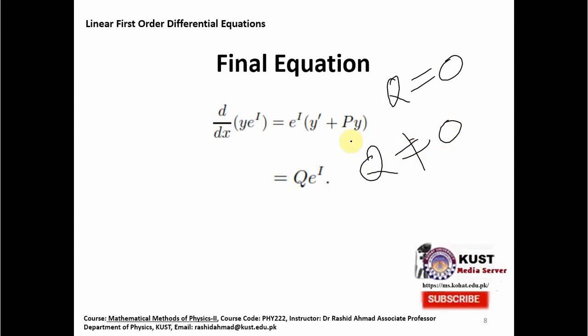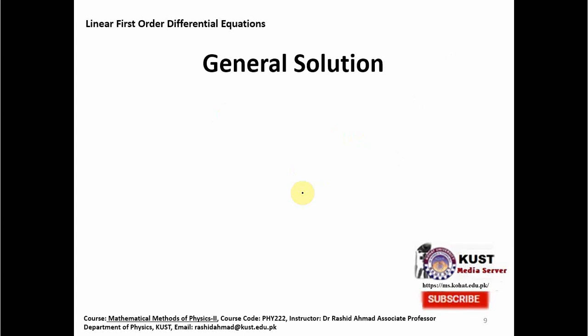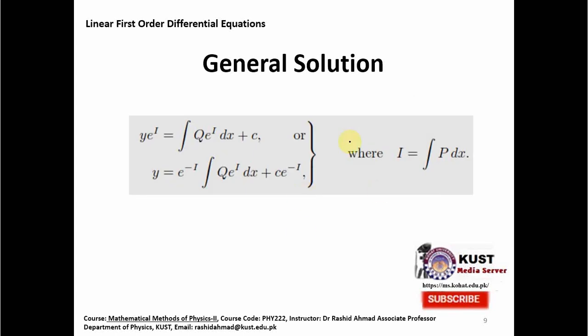So when q is not equal to 0, then q is equal to this thing over here. So therefore we can write this equation as q times e^I, and this is now a more generalized form where we are multiplying e raised to power I with the function q.